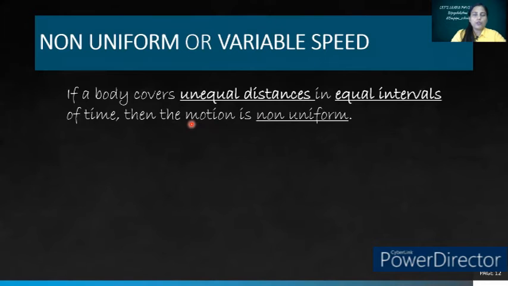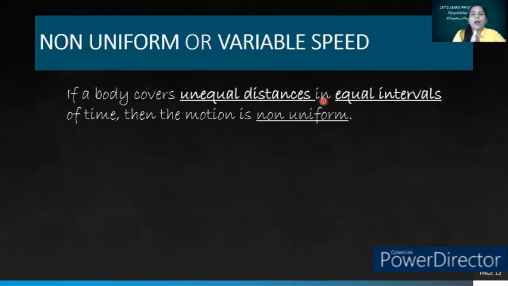Now, non-uniform or variable speed. If a body covers unequal distances in equal intervals of time, then the motion is non-uniform. You can just remember this part: unequal distances in equal intervals of time. That means the time gap is the same, whereas the distance covered is not the same.